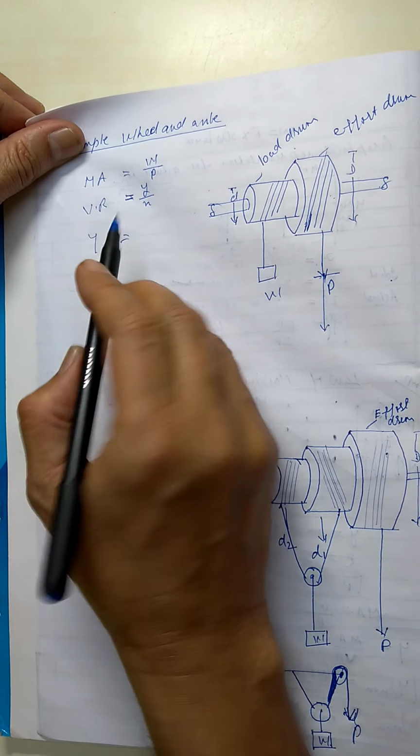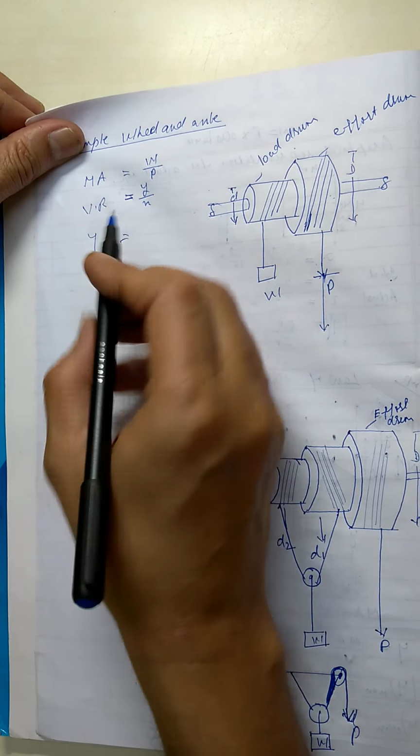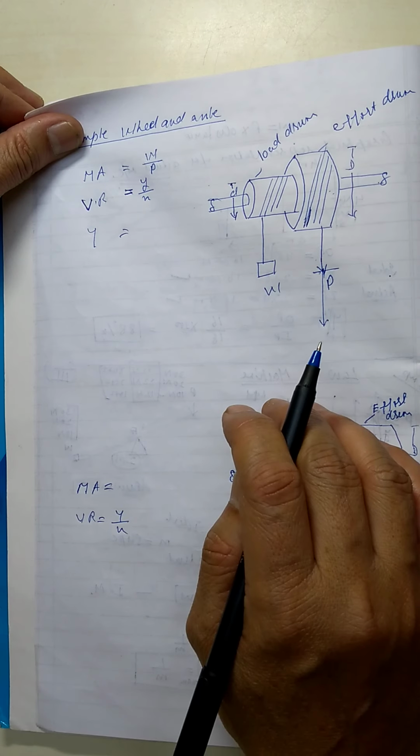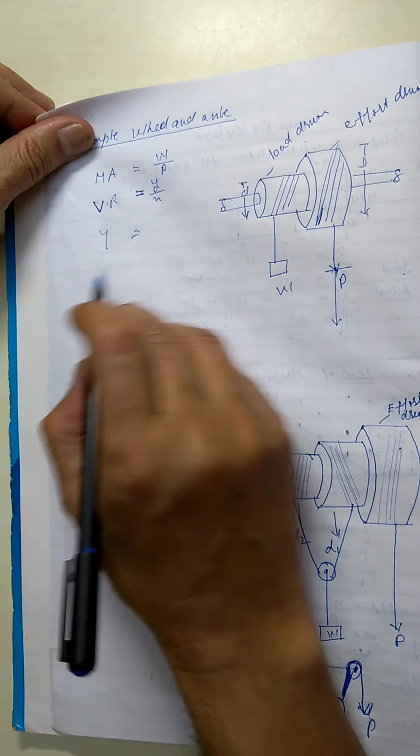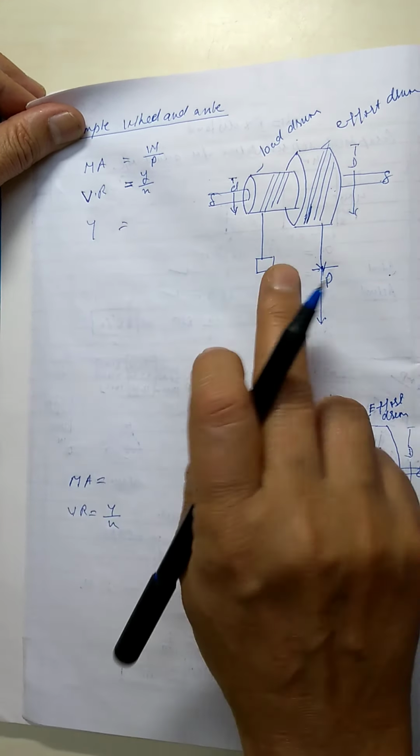But velocity ratio for a particular machine is fixed, but for different machines the value of the velocity ratio will be different. Now in this case, y is the distance moved by the effort and x is the distance moved by the load.